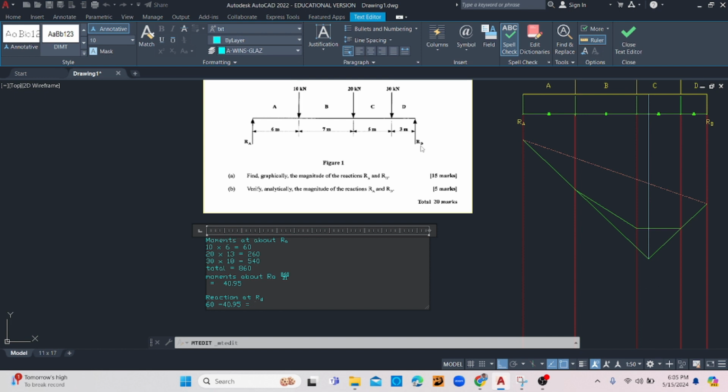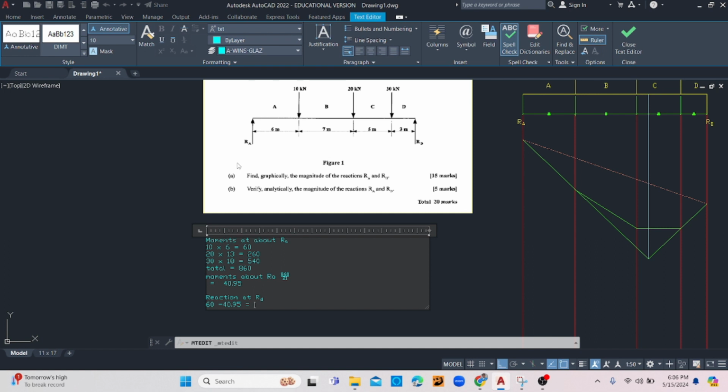Then we would still minus whatever we got for the reaction at RD from the total force, and that would have given us RA. So it works from either end. It's just that I start from my left to my right. Does it make sense?